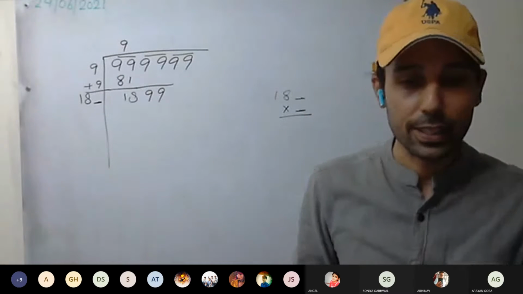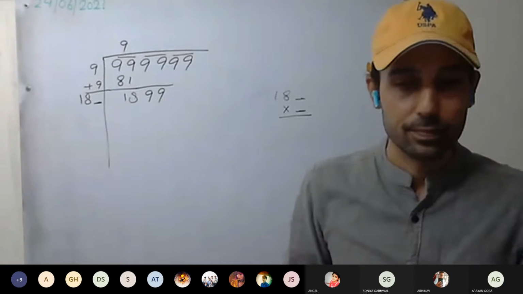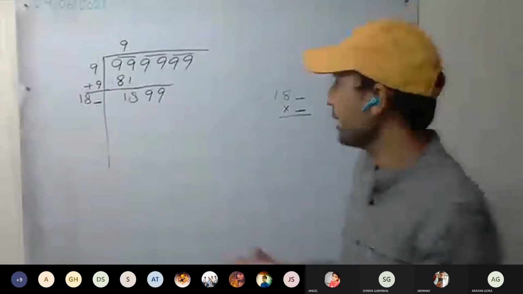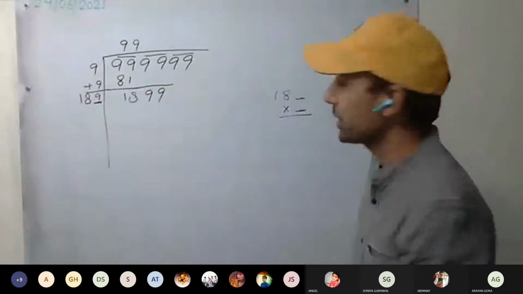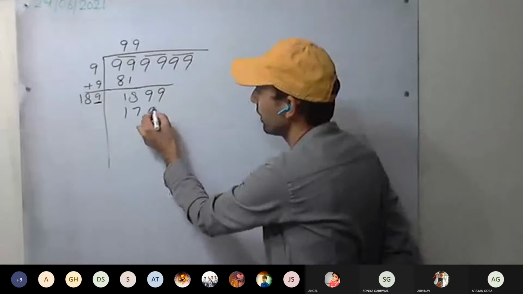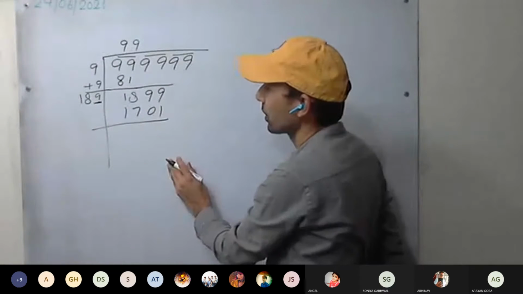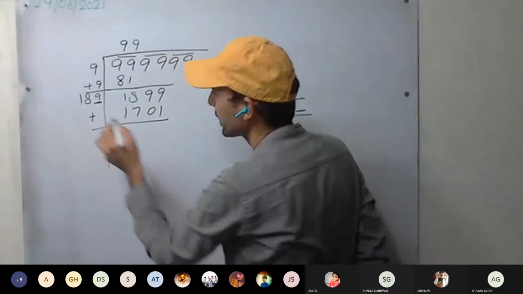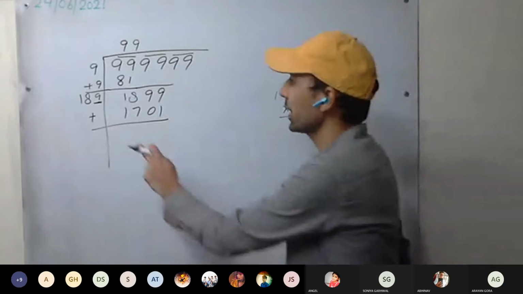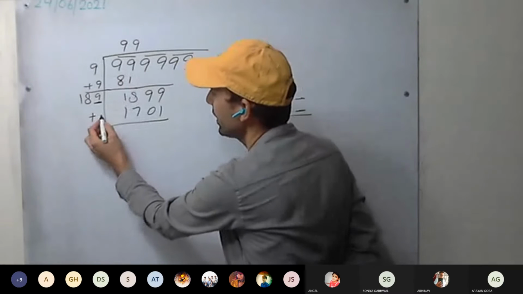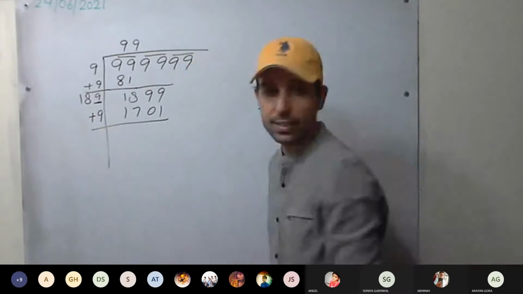So what will that number be again? 9. 189 into 9 is 1701. The remainder is 198.